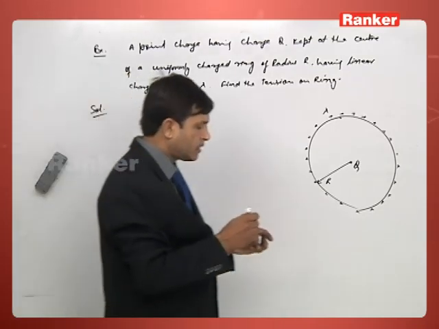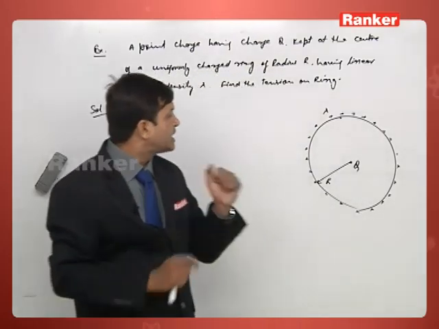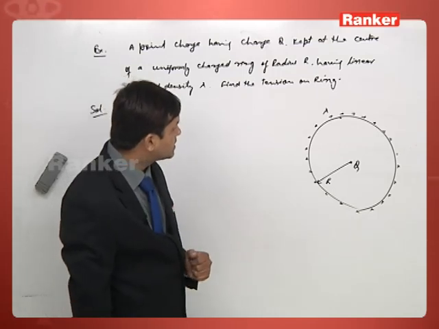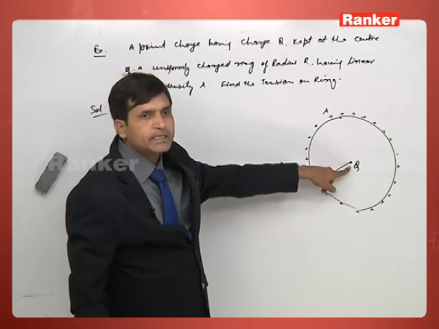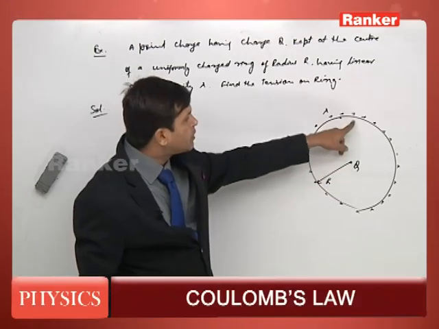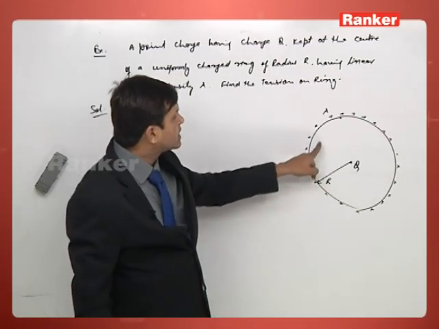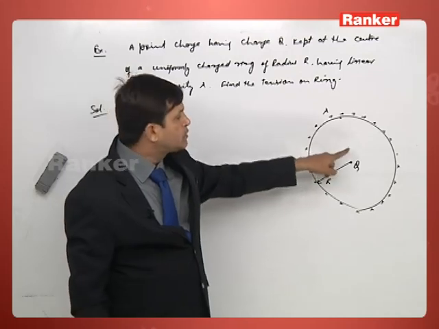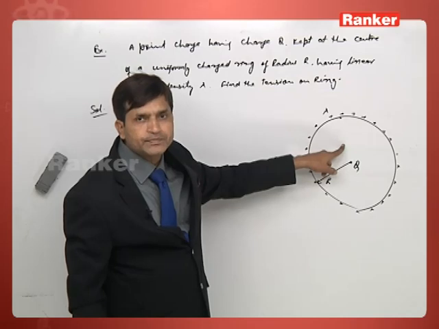So first of all, the meaning of the question: how to get an idea of what is happening here. A positive charge Q is kept at the center and a positive charge is distributed throughout the circumference of a ring. Both are positive charges, so a force of repulsion will be there.